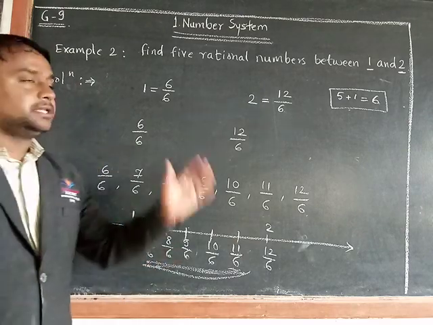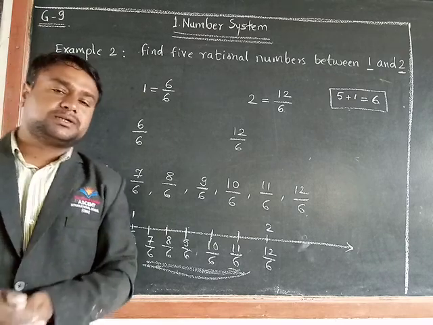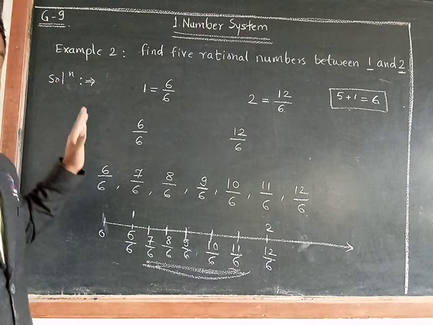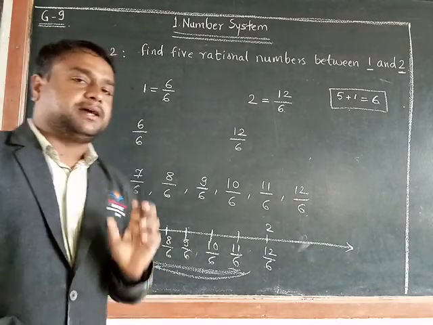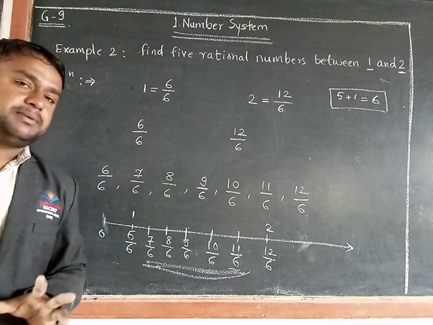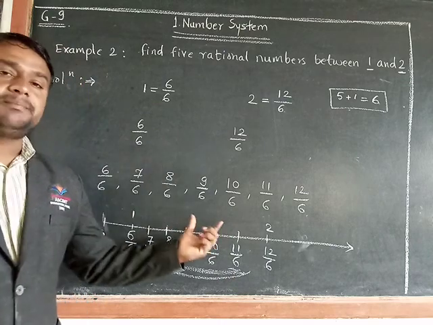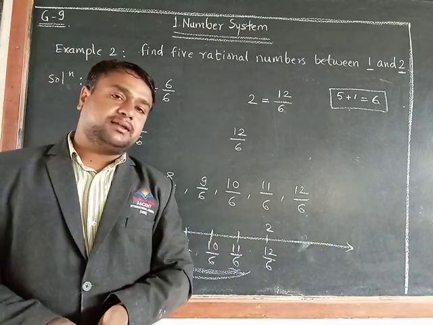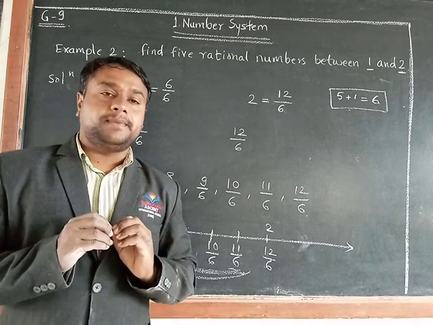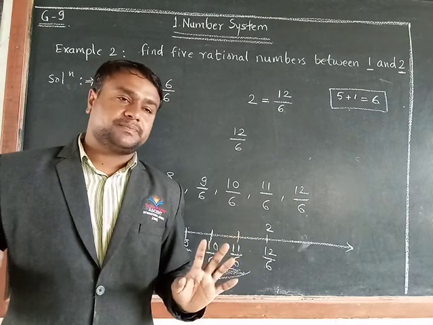So I hope you understand both methods of example 1 and example 2 very well, that is, how to find out the rational numbers between given numbers. So from that example, what we can say is that we can find out infinitely many rational numbers between any two given rational numbers.